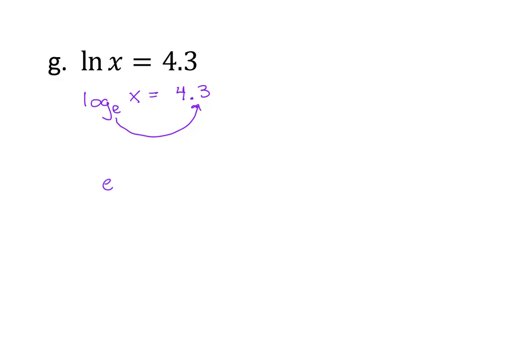We get e to the 4.3 equals x. Whenever we have e's, this is going to be a calculator problem. So let's go to our calculator and type this in. Again, the e is above the ln on your calculator. And what I get is 73.699.